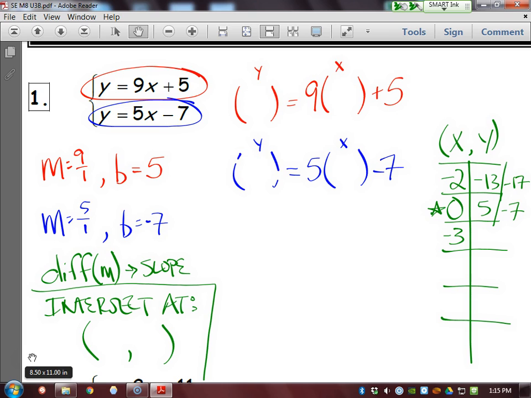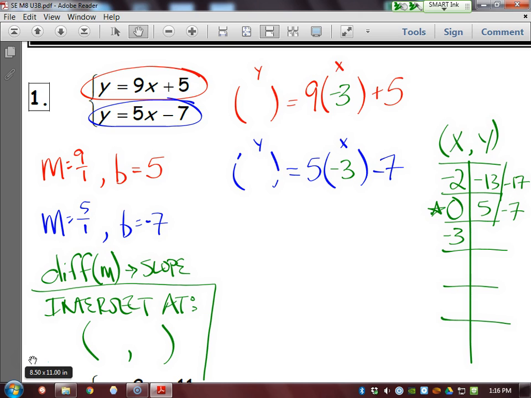Okay, so now we have negative 3. So right now we have 9 times negative 3, which is what? 27. 27 positive or negative? Positive. Okay, so a positive number times a negative number. That's 9 times negative 3. What is 9 times negative 3? Negative 27. Okay, so we have negative 27 and positive 5.